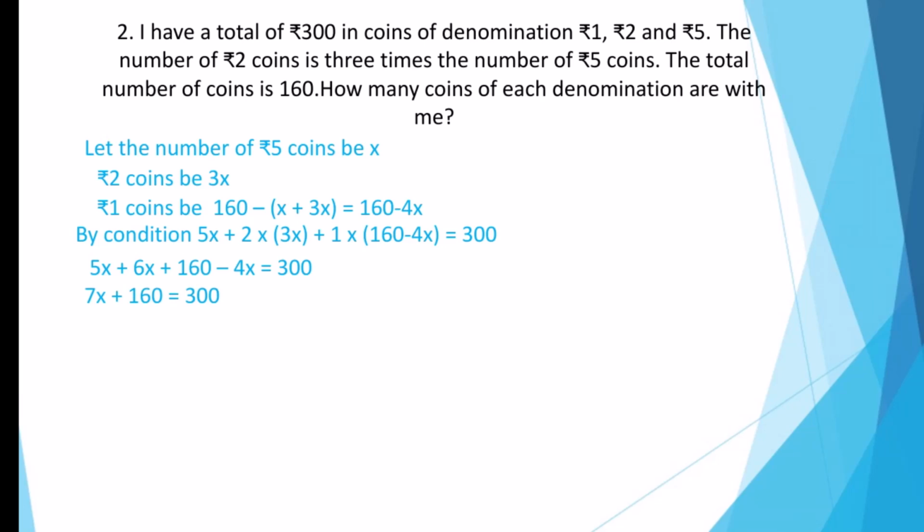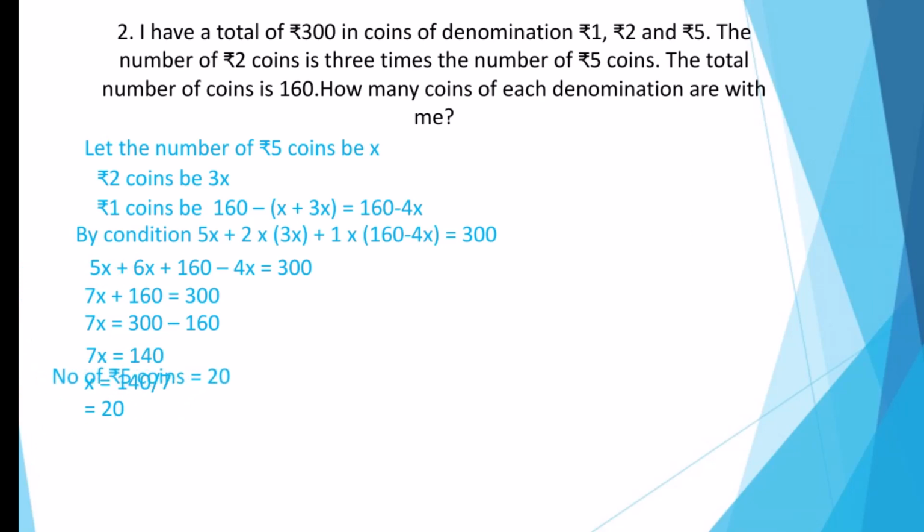Variables on one side, constants on the other side: 7x plus 160 is equal to 300. Now 7x is equal to 300 minus 160, transposing 160 to the RHS, which is 140. Again, transposing 7 to the RHS, x is equal to 140 divided by 7, that means 20.